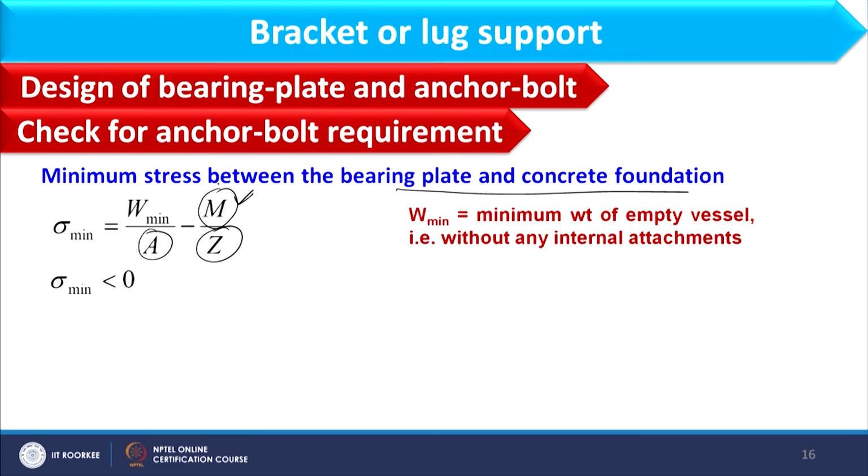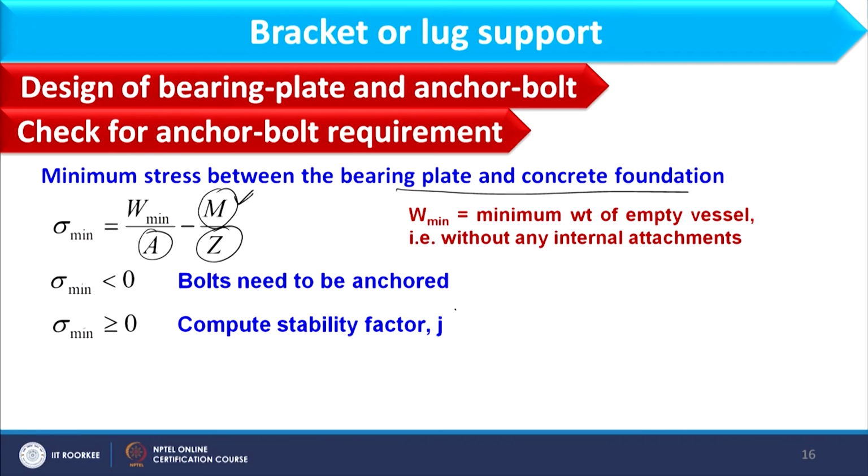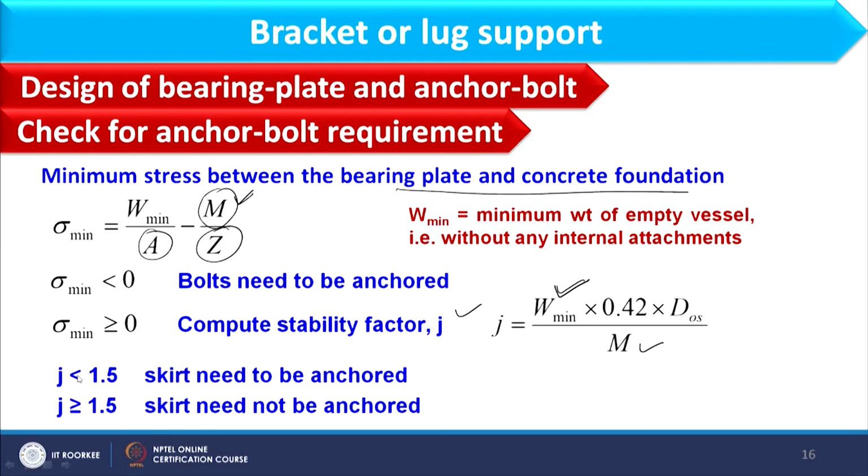So, when sigma minimum is less than or equal to 0, bolts need to be anchored. And if sigma minimum is greater than or equal to 0, whether it is anchored or not will be decided by stability factor J, which is given by this, where again I am using W minimum and capital M. So, if J is less than 1.5, that support needs to be anchored.